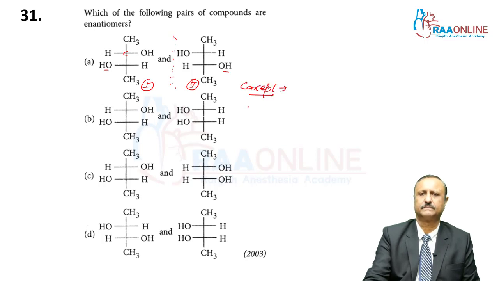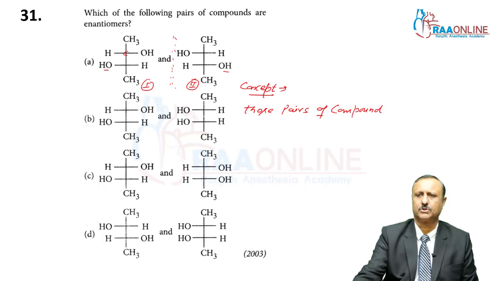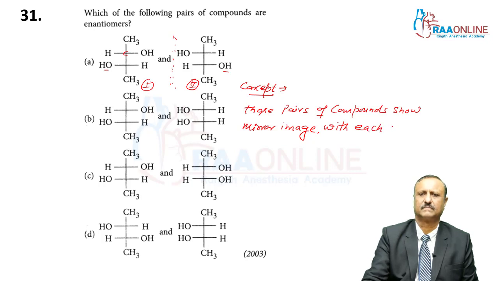Those pairs of compounds that show mirror images with each other give optical isomerism.